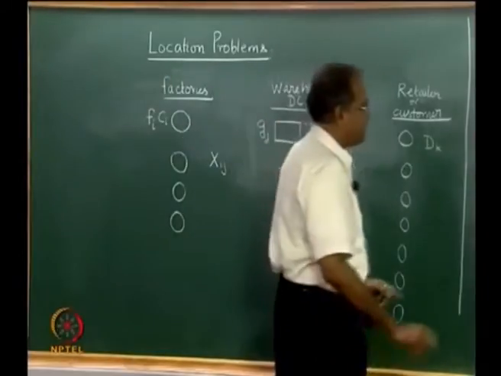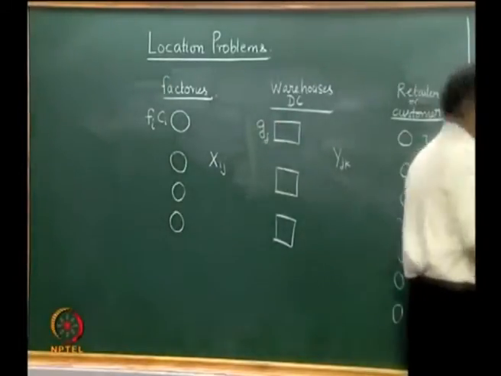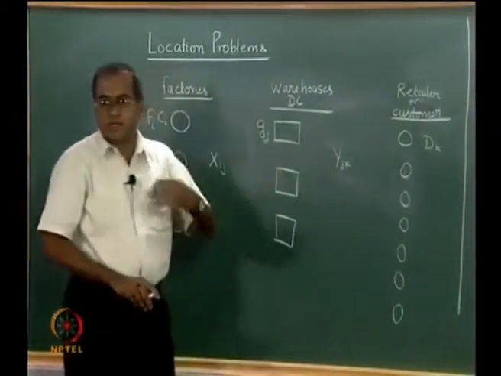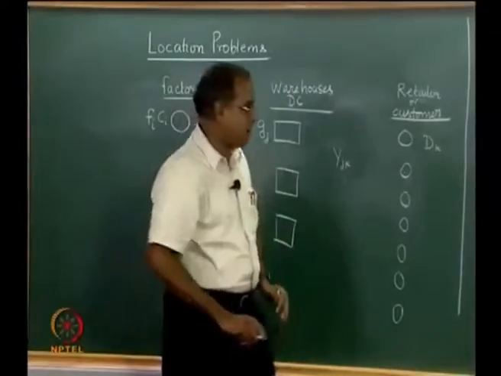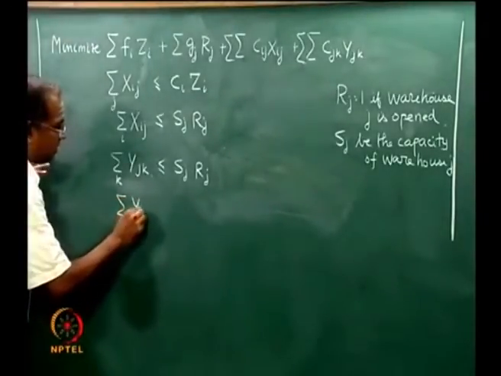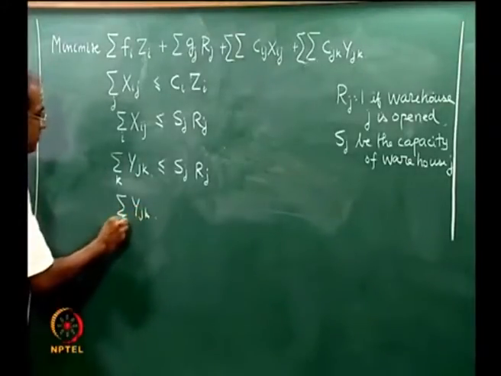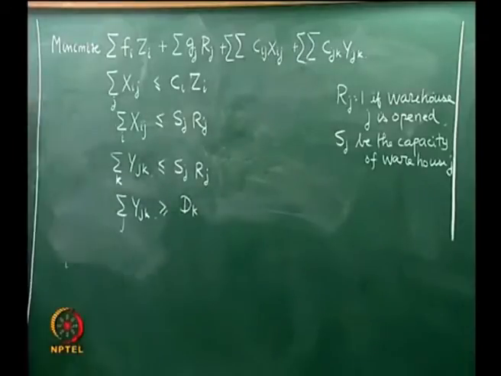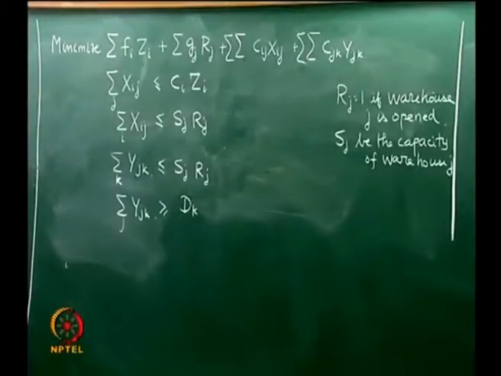So, Yjk summed over all k. So, whatever leaves from a chosen warehouse should be less than or equal to the capacity of the warehouse, and whatever reaches the customer, so sigma Yjk summed over j should be greater than or equal to dk, the demand of the customer.